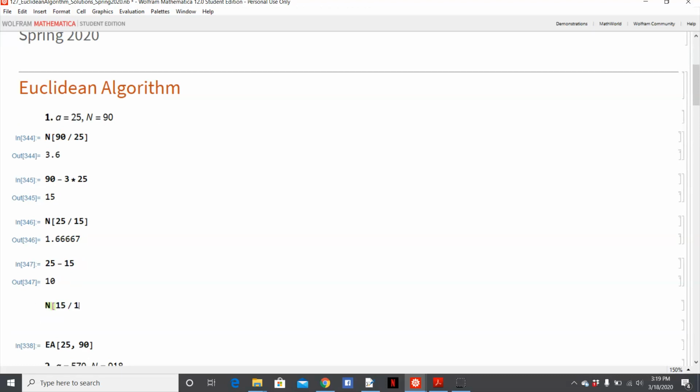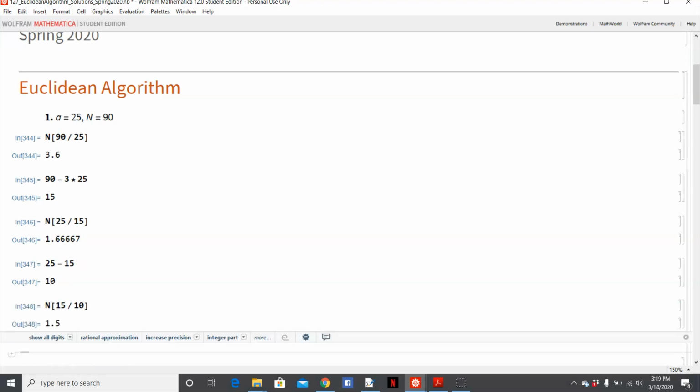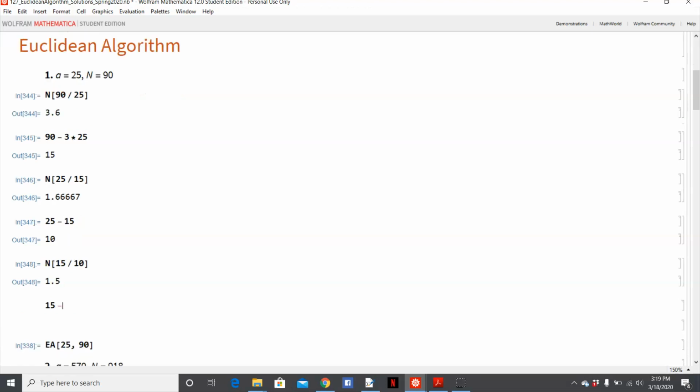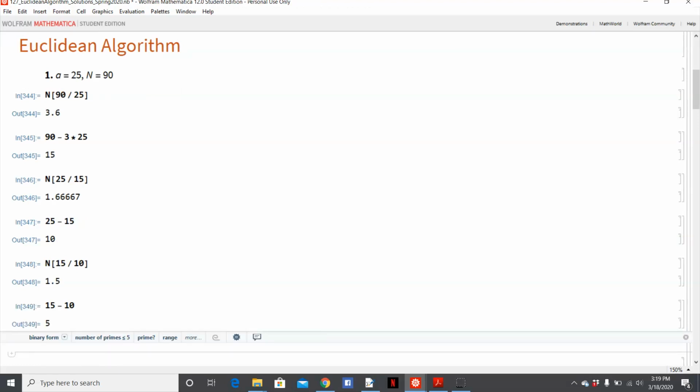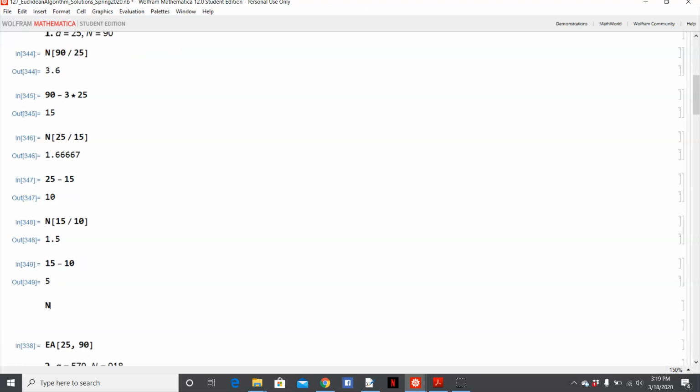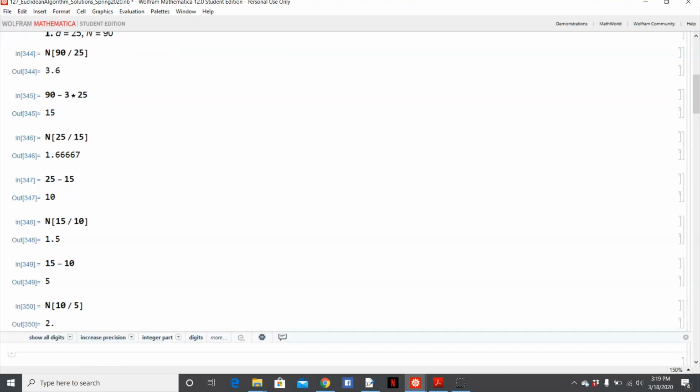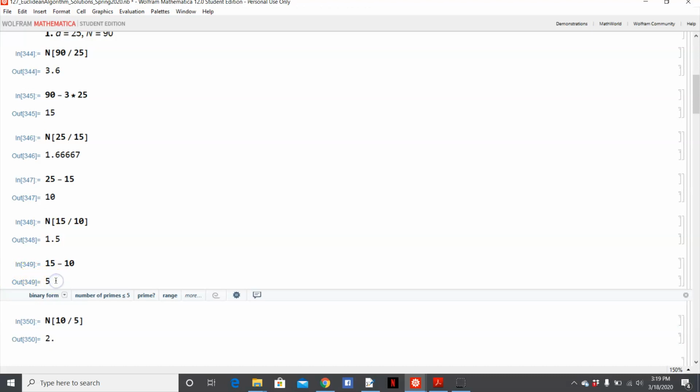And again, not surprisingly, it goes in 1 time and change. So I take 15 and subtract 10, and I get 5. 5 divides 10, and there is no remainder. So that means our GCD is going to be 5.